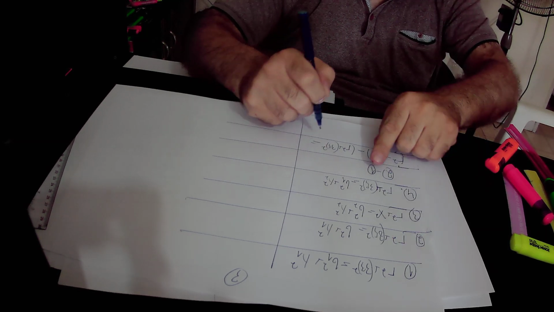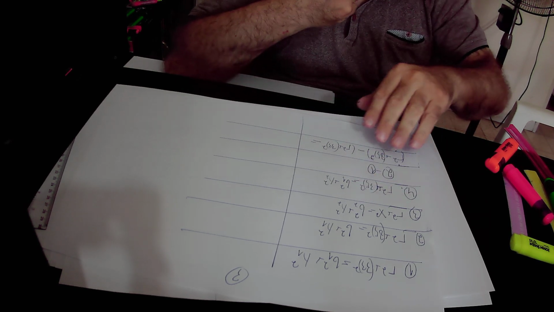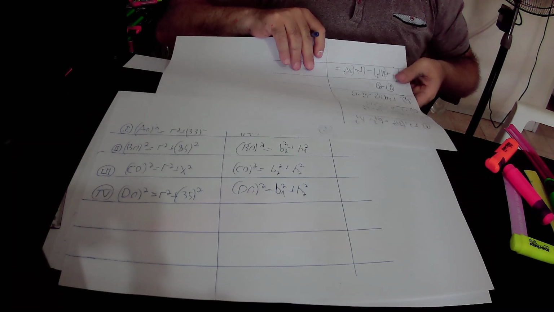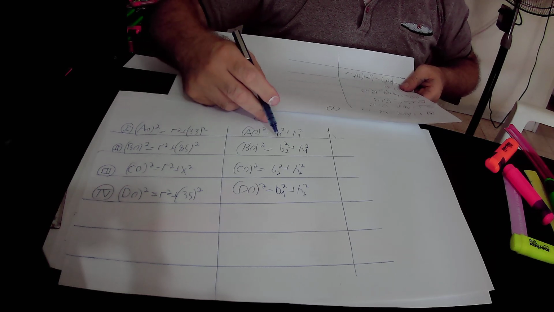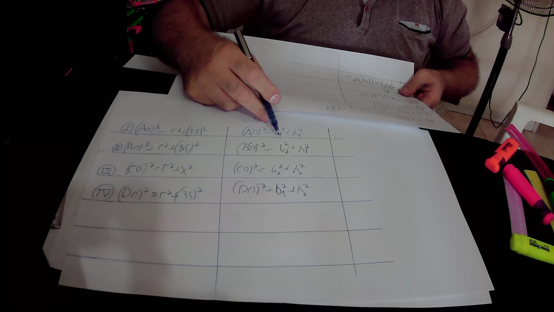and it must be equal to here we have, in equation number 2, b2 squared plus h1 squared.